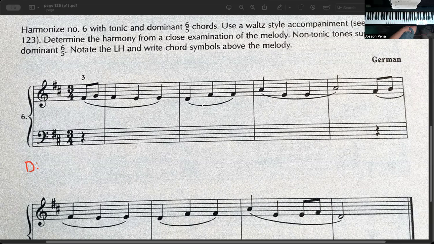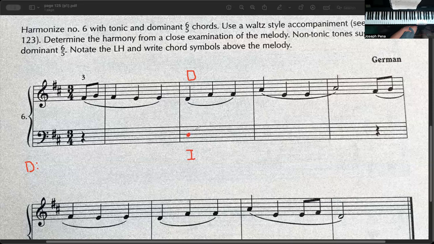Now, before we answer that question, I want to bring your attention to the second measure here, which is D, F sharp, F sharp. That most definitely establishes a D major chord. So let's go ahead and just put here D major as the chord, because we know it's going to be D major, and that's going to be 1 down here.